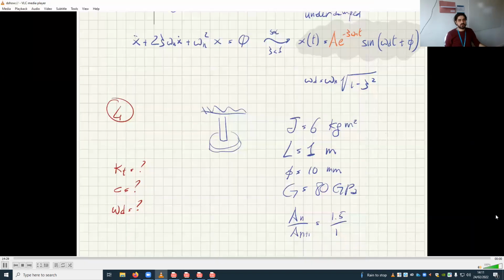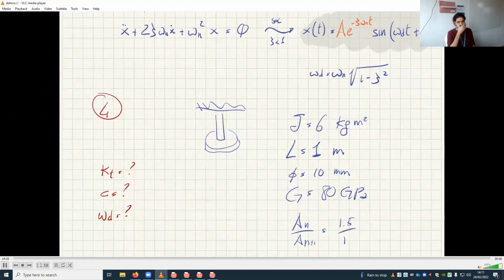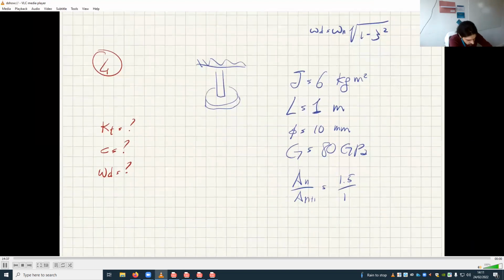Okay, so this is the tutorial question. There you go. We need to find these things, knowing all these quantities. Now, let's start with the torsional stiffness of this shaft. This shaft has a certain diameter and a certain length, and you know that if I twist it, it will give out an angle of twist.